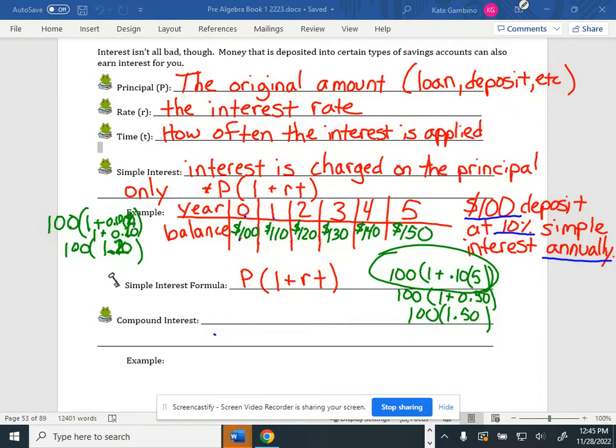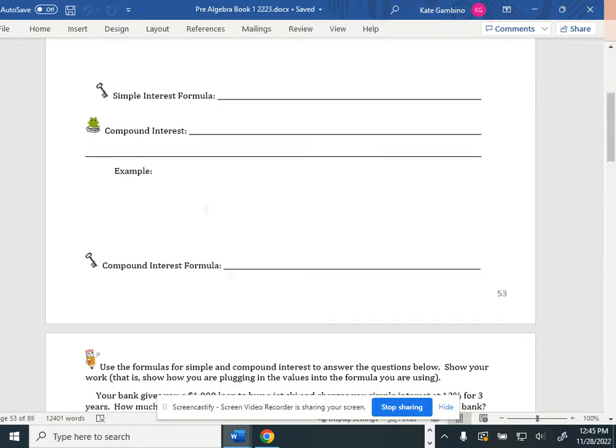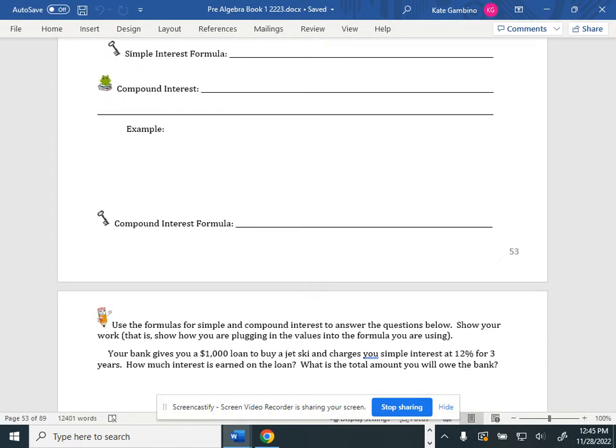So the simple interest, it's a little bit simpler to do, right? We can plug those numbers in and we get compound interest, a little bit more complicated. So I'm going to erase this so I can scroll up. And I really need us paying attention to what the difference is between compound interest and simple interest.